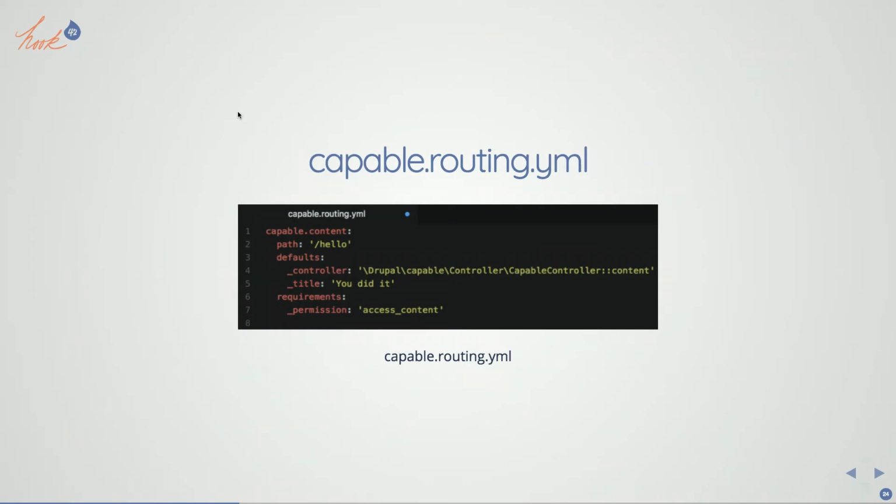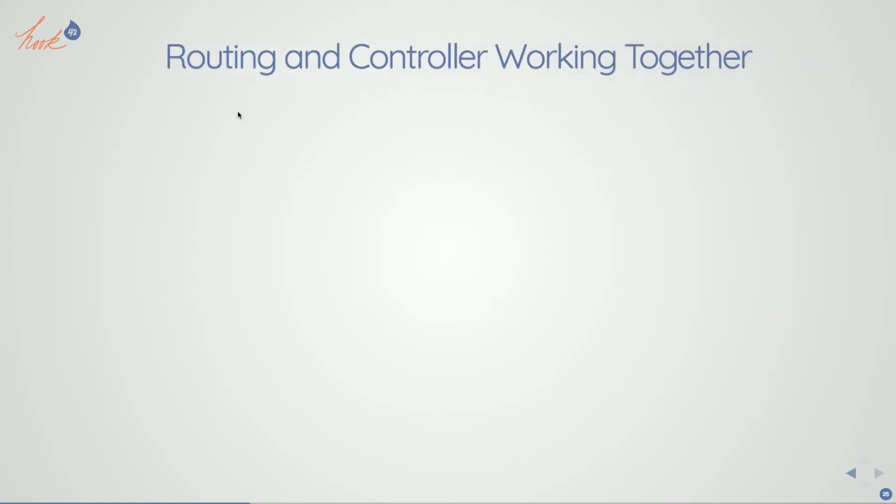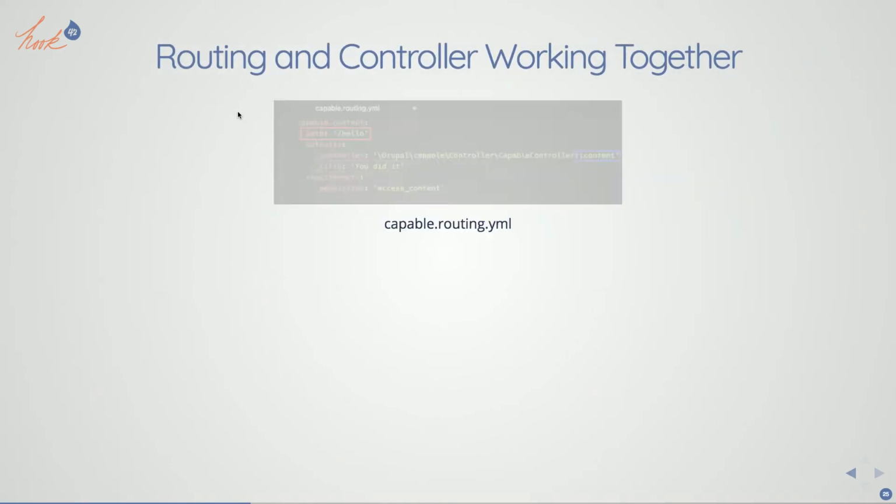Throughout the presentation, this routing file is going to get longer and longer. This is the first example, and it's for when you hit the path hello, we're going to fire off the controller content. That was the function we just created, and we're going to give it the page title, and we set a permission of access content. They're going to work together.